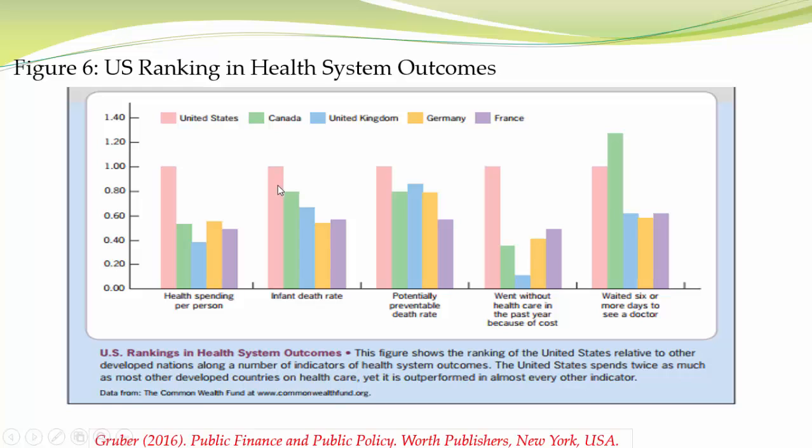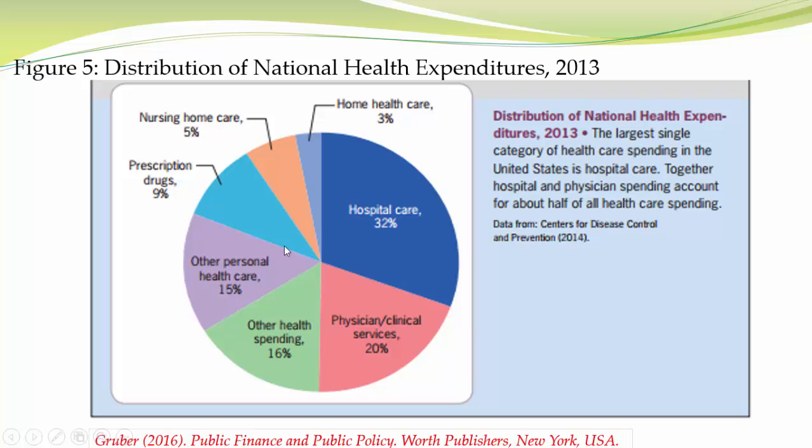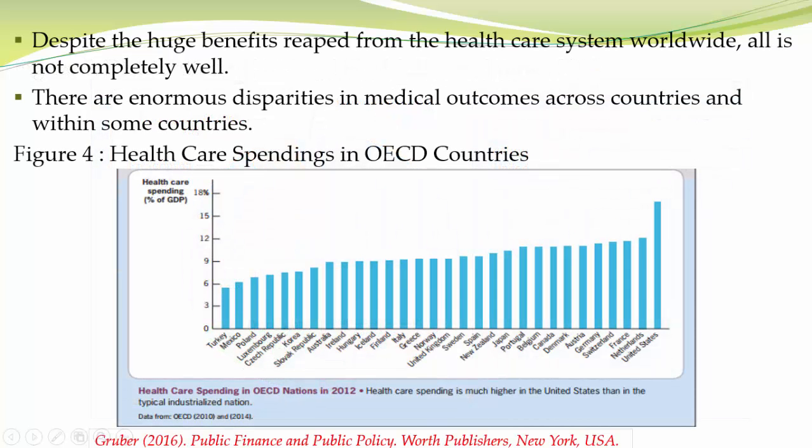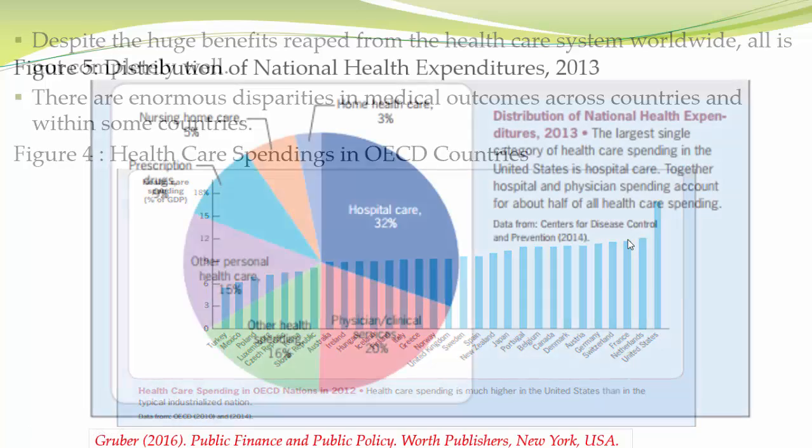In the United States, the infant death rate is very high despite huge spending on healthcare. If you look at the healthcare, it is spending a very huge amount, which is more than almost all these countries.